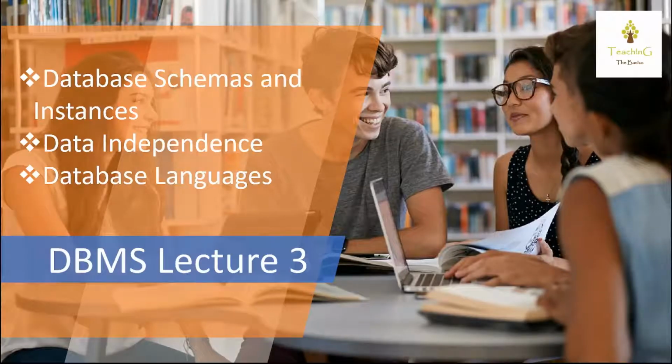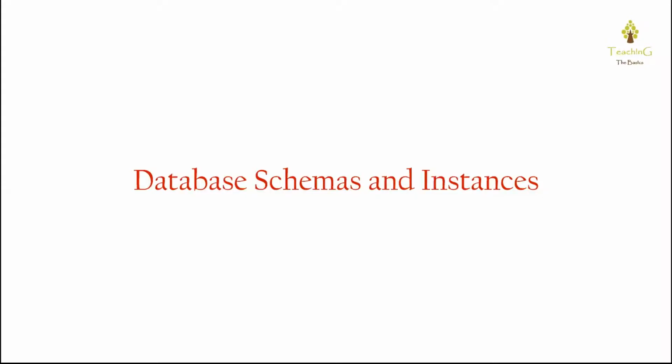In this lecture, I will be talking about database schemas and instances, data independence and database languages. So let's move on with the first topic, that is database schemas and instances. So what is a schema?